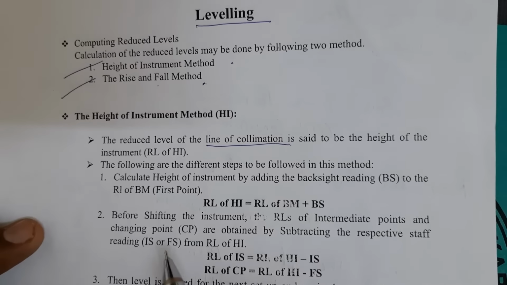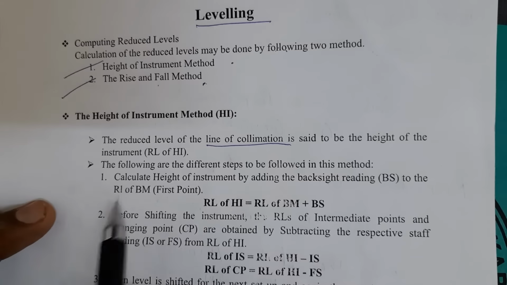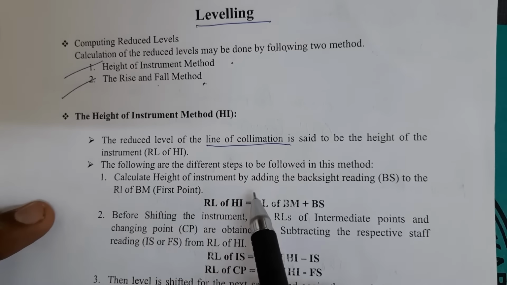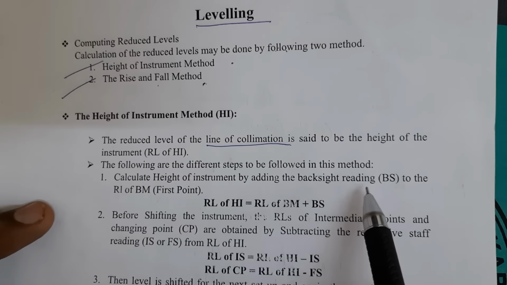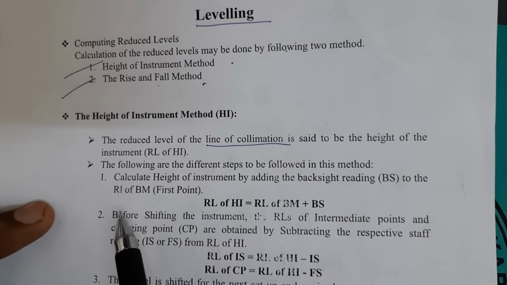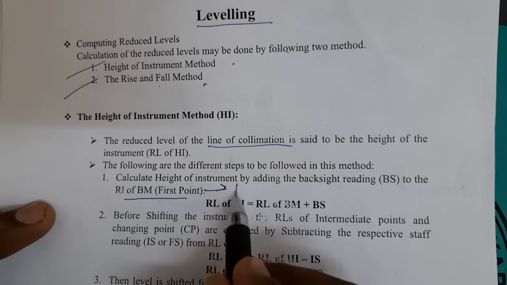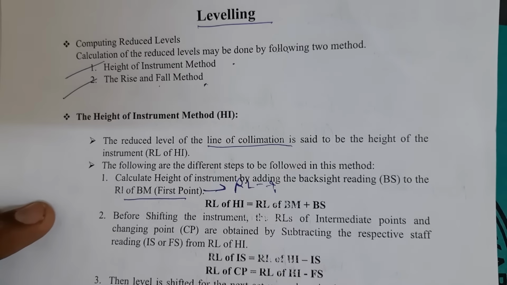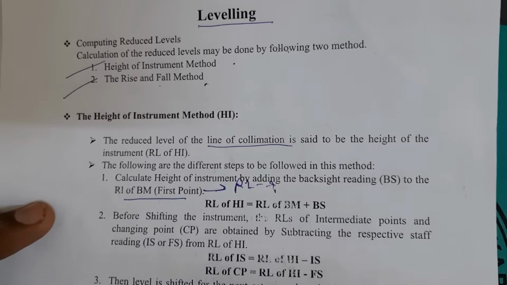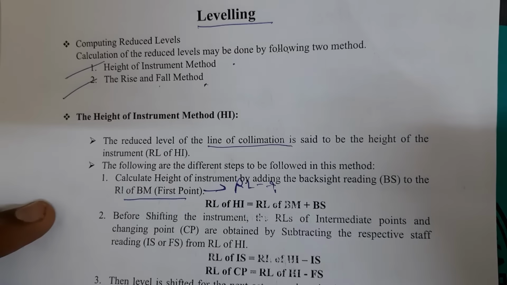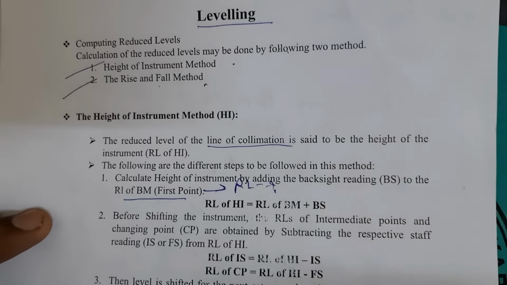The first step is to calculate height of instrument by adding the backside reading to the RL of BM. From the benchmark we know the RL of BM, so using the staff reading we find the RL of HI.